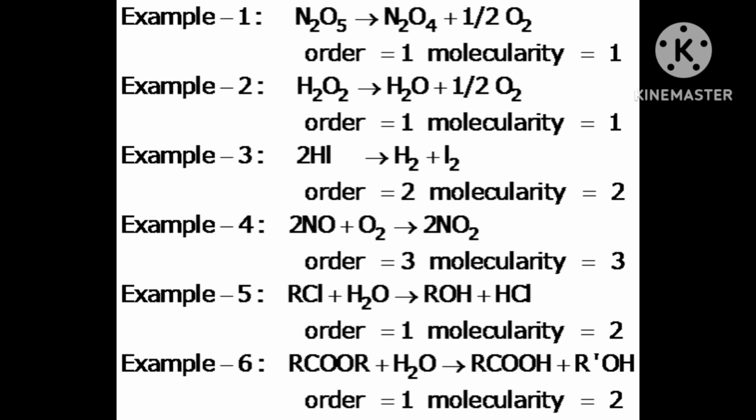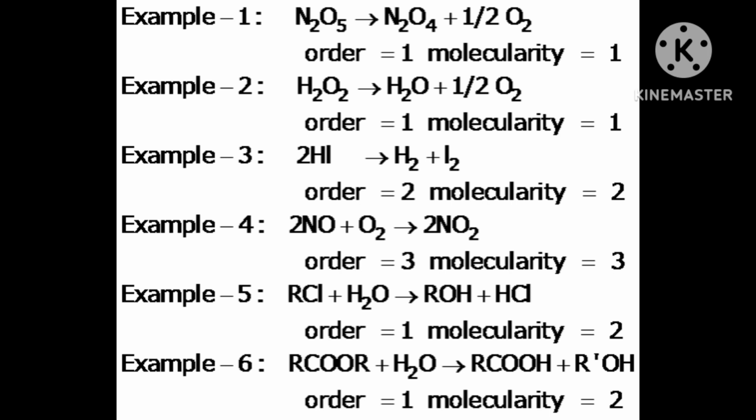And in an elementary step, what is the balanced equation? In that, how many reactants are taking part? That number is called molecularity. For molecularity in a complex reaction, which reaction step is the elementary, important one, and what is the balanced equation for that step?